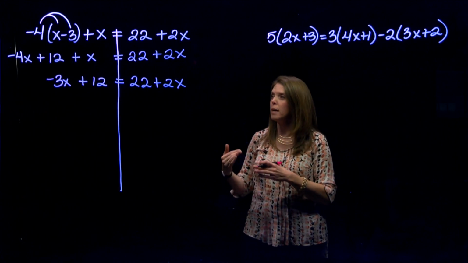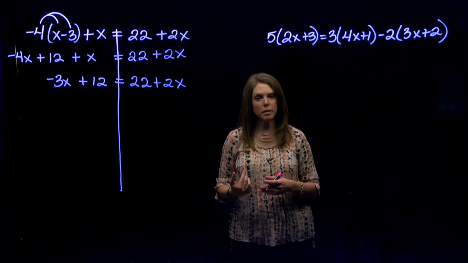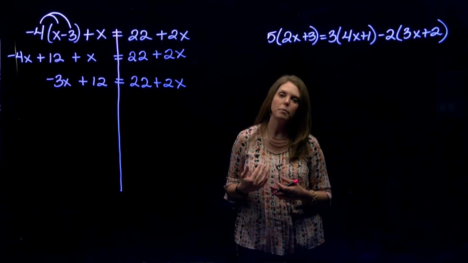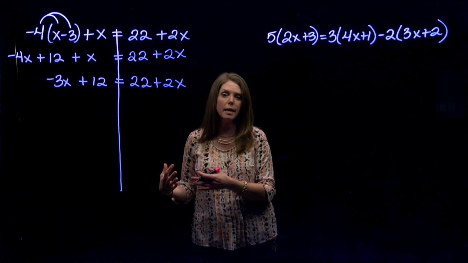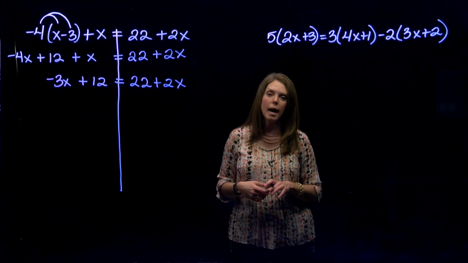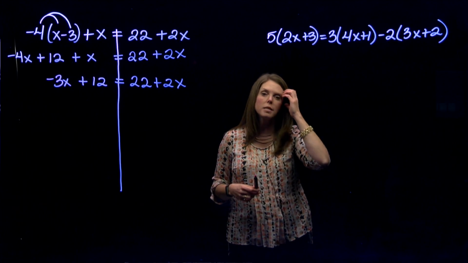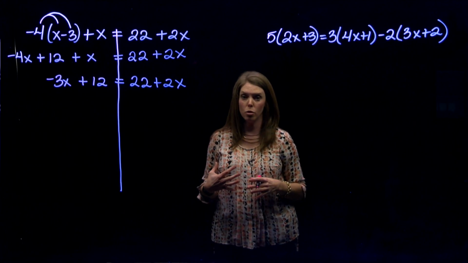Once I'm to this point where both sides of my equation are simplified, now I want to start moving things around. And what I'm going to do is collect all of my x's on one side of the equal sign and all of my constants, my non-x terms, on the other side. And it doesn't matter which side of the equation you move your x terms and your constant terms to.